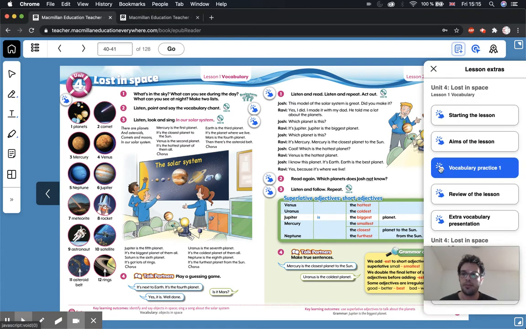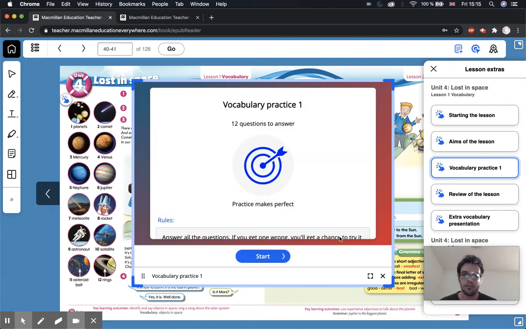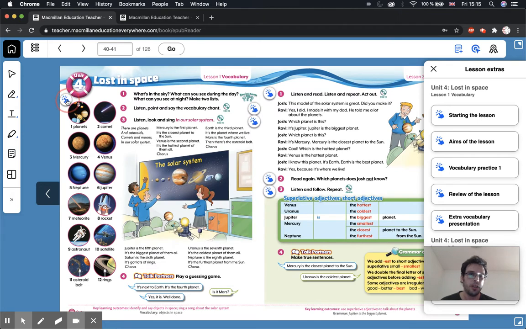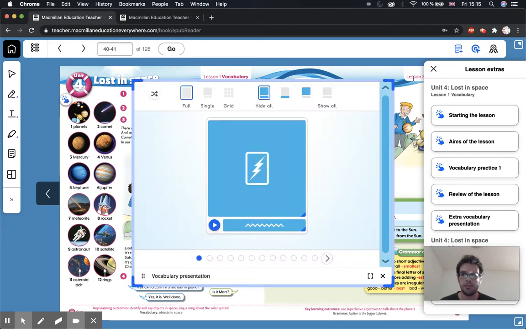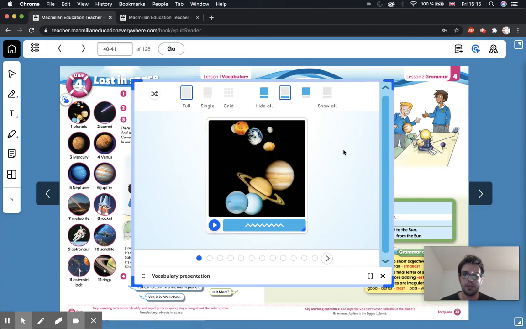Okay, so we'll have a look here. Okay. So, let's revise. Okay, so, these things, what are they? Begins with P. They are? Planets. Very good.